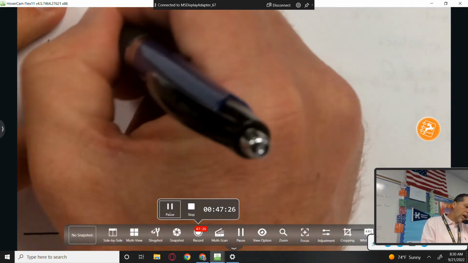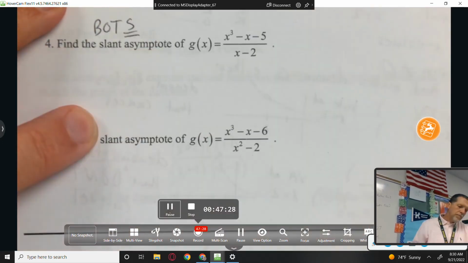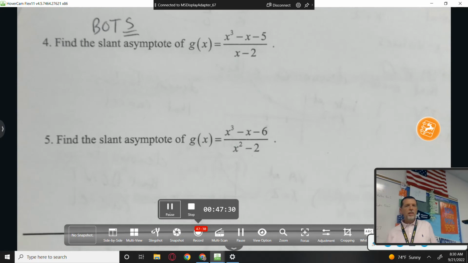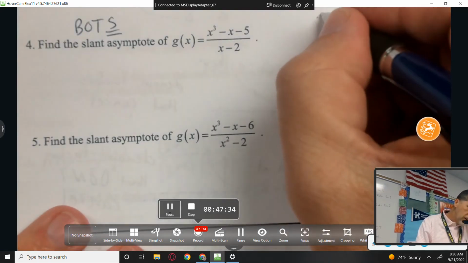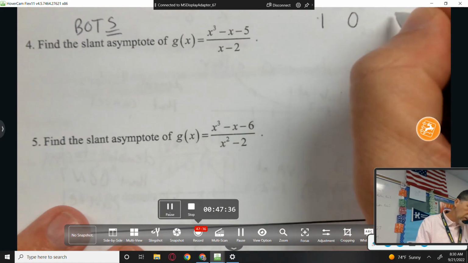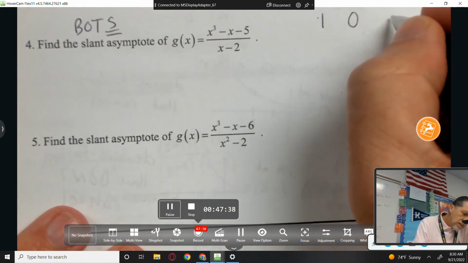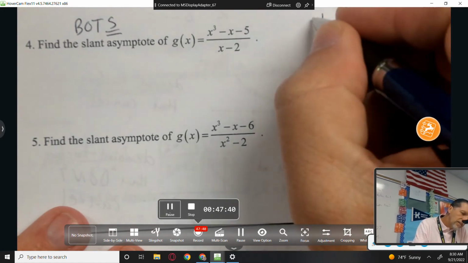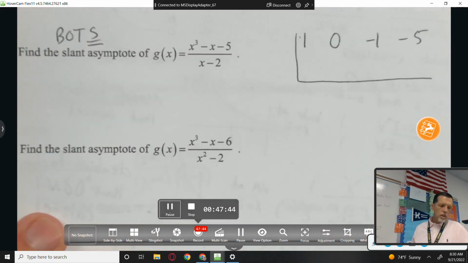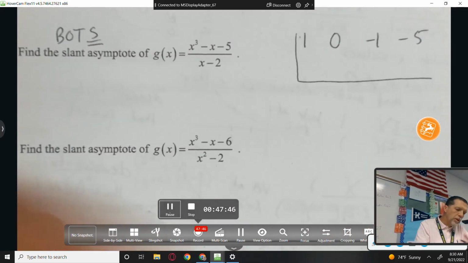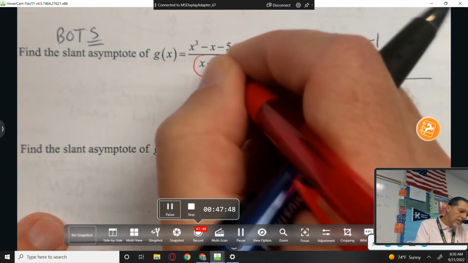Yeah, that's a BOTS problem. Bigger on top, slant. And preferably synthetic if we can get away with it. So 1, 0, -1, -5. And what number will we synthetic divide with? 2.